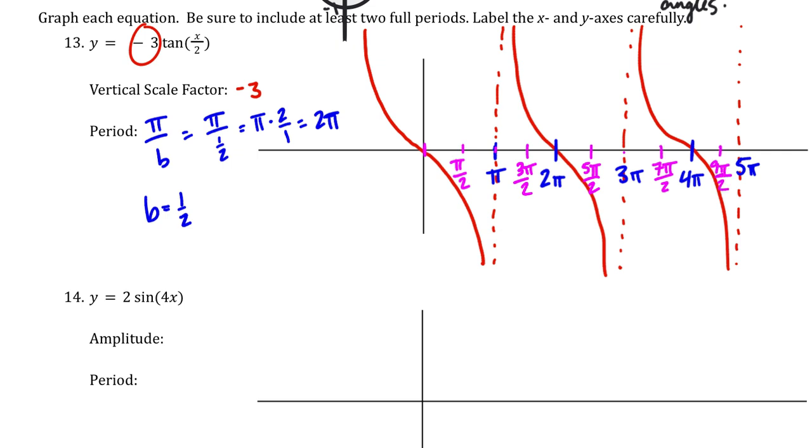The last spot that I really need you to label is halfway right here. This is going to be pi over 4, which means that the spot that this hits right here is labeled with our vertical scale factor. So this is going to be -3, which makes this 3. And now we have a pretty nice looking graph of a tangent function done.